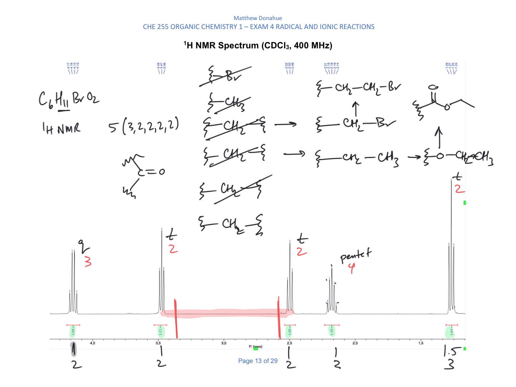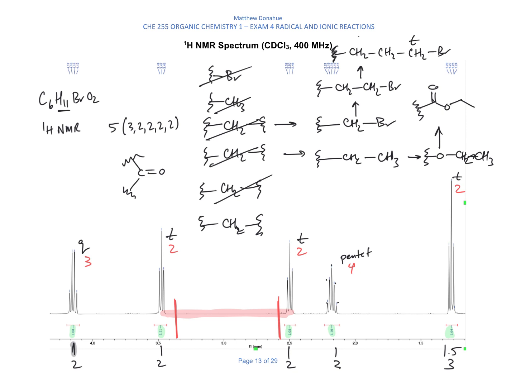And then finally, what do you have to do? You have one more CH2 group. So you have to bond it to this fragment. So CH2, CH2, CH2Br. So this gives you your triplet.